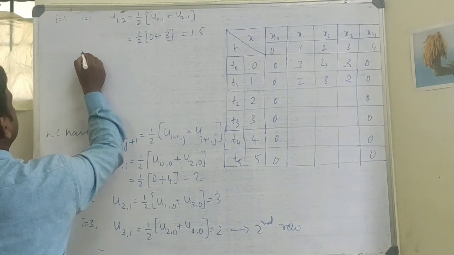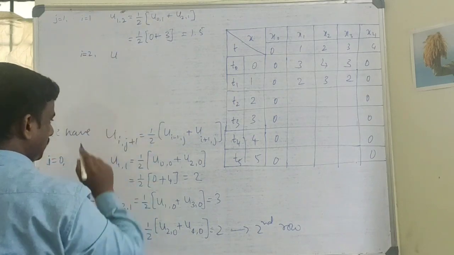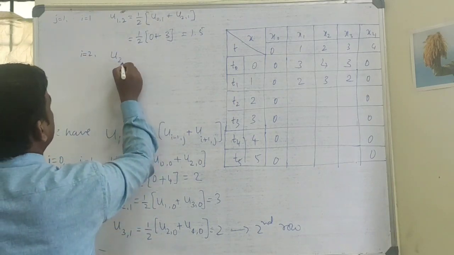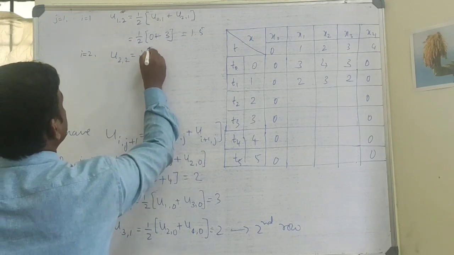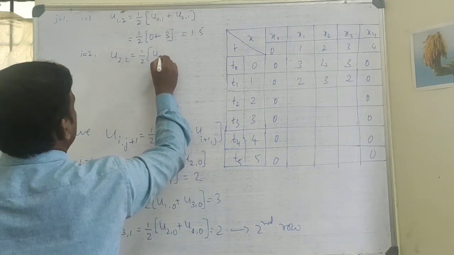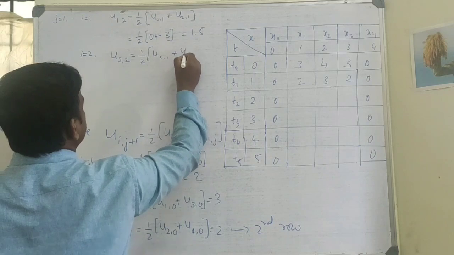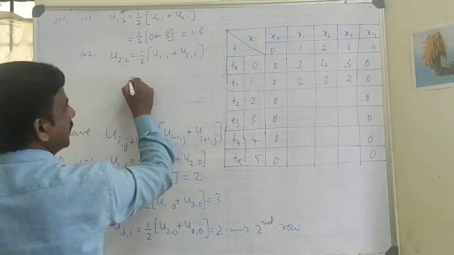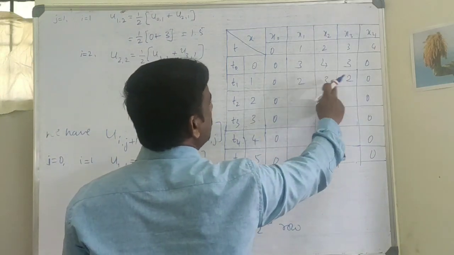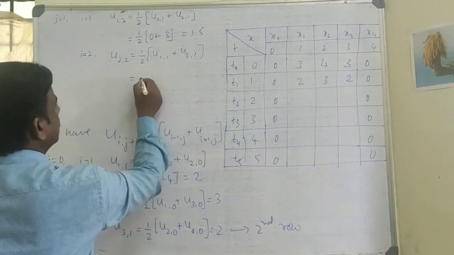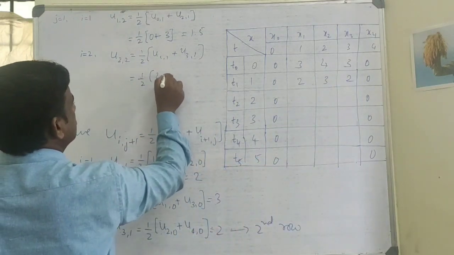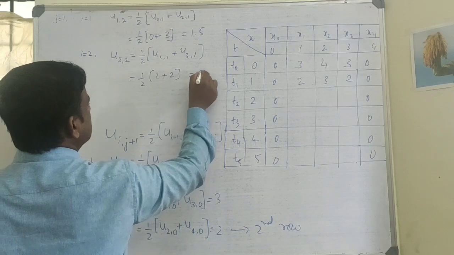Next, i equal to 2. u(2,2) = 1/2 [u(1,1) + u(3,1)]. u(1,1) is 2, plus u(3,1), which is 2. So 2 plus 2 by 2, that is 2 again.